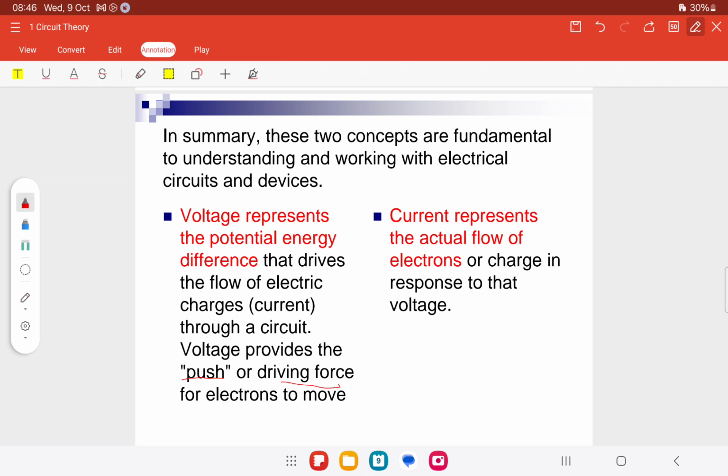Normally we use voltage sources, we rarely use current sources. It's not that a current source cannot be used, it's just that a current source can represent the value of the current in the circuit. And the current represents the actual flow of electrons or charge in response to the voltage. We will cover the charge and electrons in more detail in chapter 2.